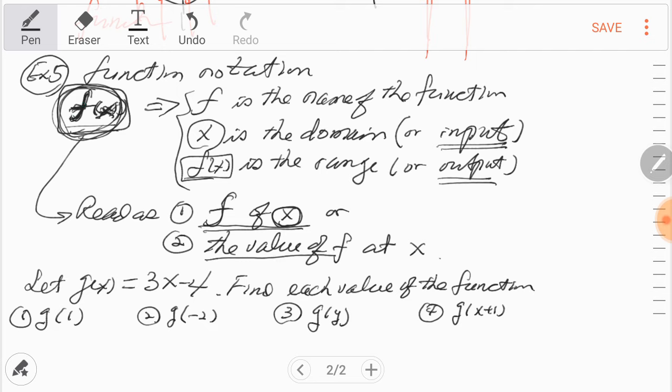So f of x is function notation. Usually you can write this as y, because y equals something, and the expression is in terms of x. So by giving an x value, evaluating it, the result is the value of y. So it's the value of f, the function.